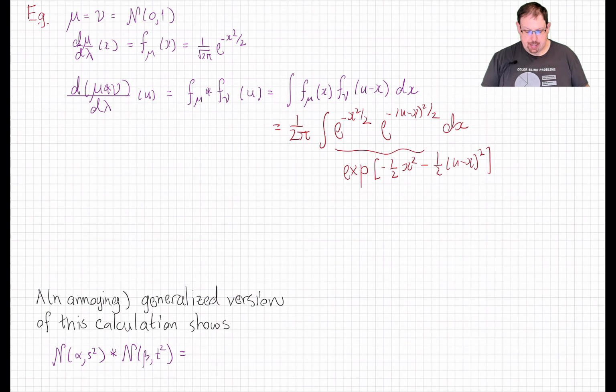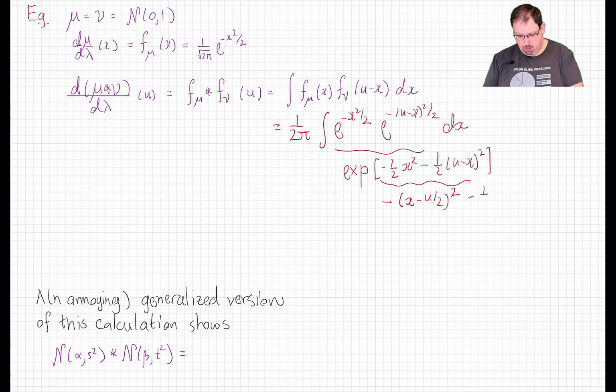We're integrating against x, so I'd like to simplify this as a function of x. So if I expand this out and then complete the square, which is what we'll need to do in order to simplify it appropriately, I find that inside the exponential what I have is negative x minus u over 2 squared minus 1/4 of u squared.